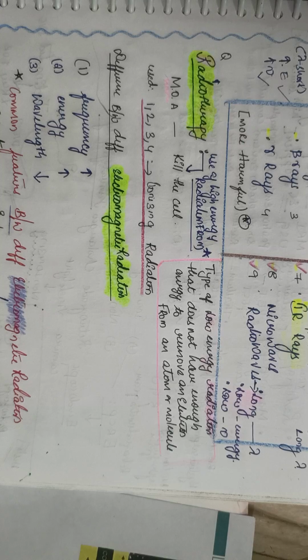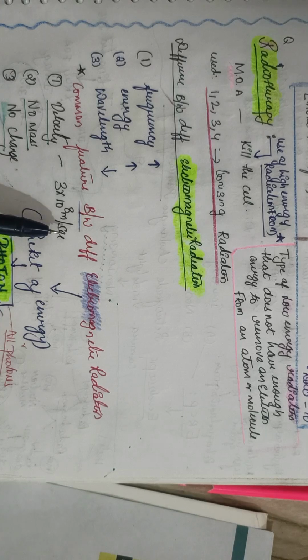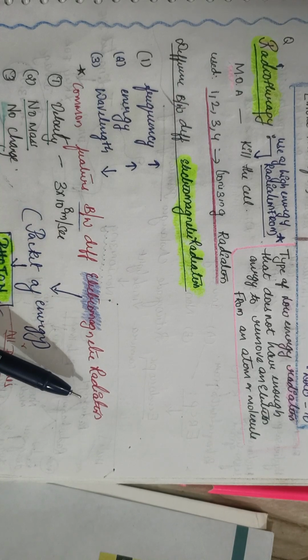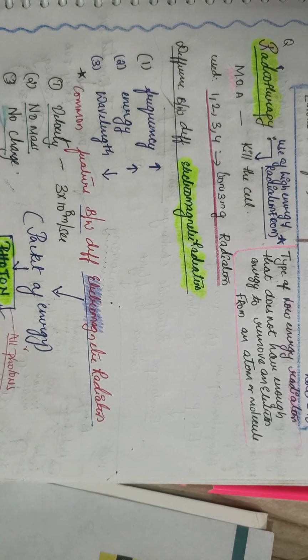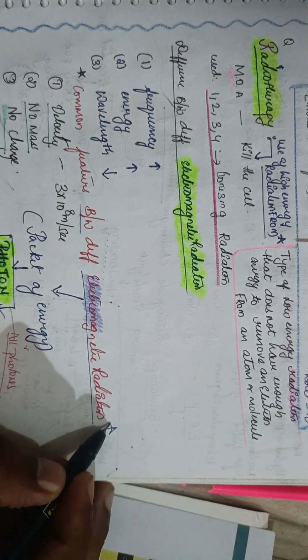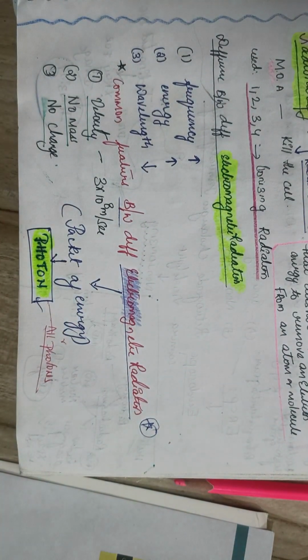The next important points are the common features between different electromagnetic radiations. What are the common features? The common features are velocity, no mass, and no charge.